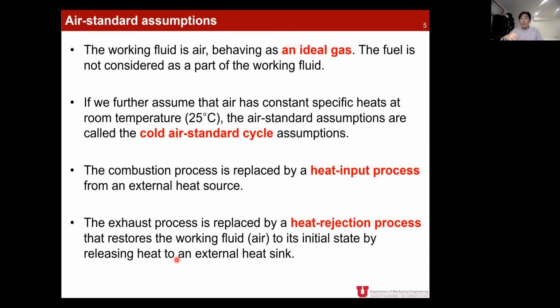Obviously you can also consider that this ideal gas, the air, has variable specific heats. In that case, yes, we still can, and that assumption is called just the air standard cycle assumption.